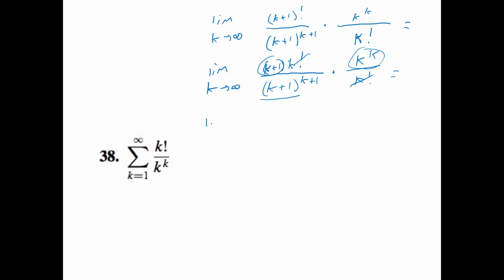So we end up with the limit as k goes off to infinity of k to the k over k plus 1 to the k. We took one factor away from this, the factorials went away, and then the k to the k just came down.